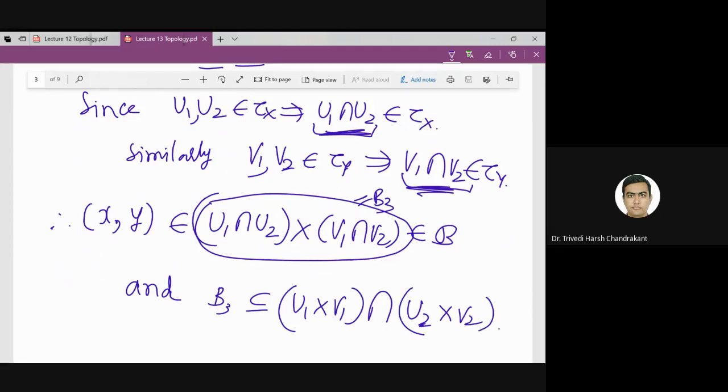So is it clear that this is a subset of this set? I'm saying this set is a subset of this set. Is it clear?